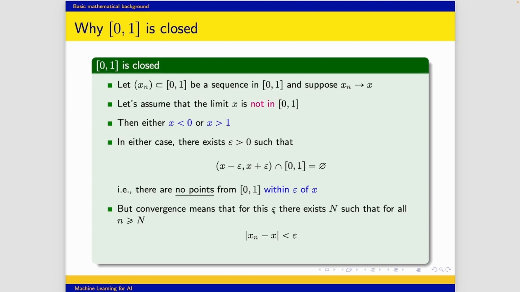So let's choose this particular value of epsilon, because we know that if either x is less than 0 or x is greater than 1, then there is definitely an epsilon for which this is the case. So then almost all points are within a distance epsilon of x, our limit point, which lies outside 0, 1.